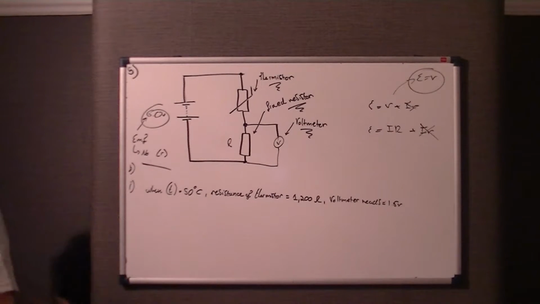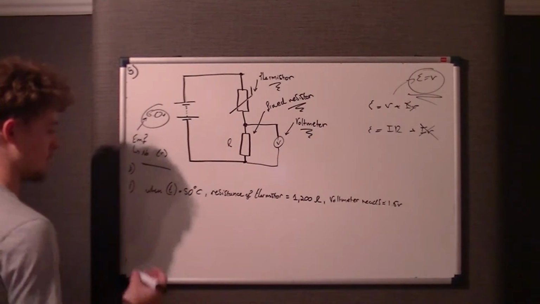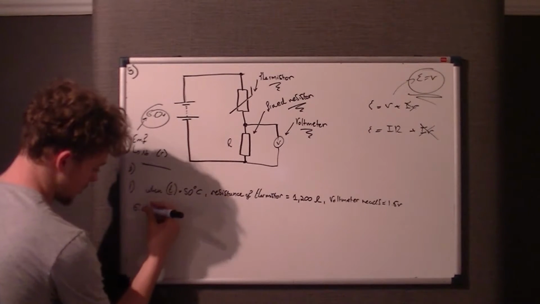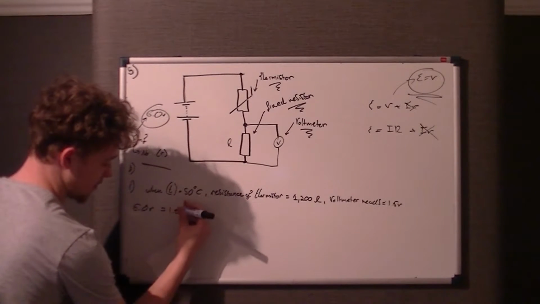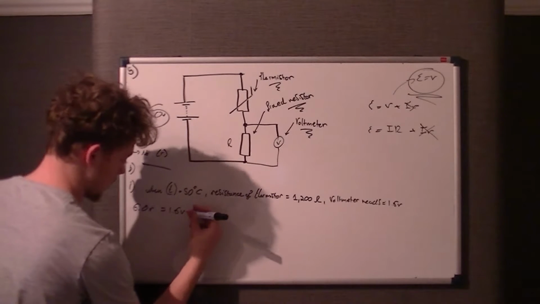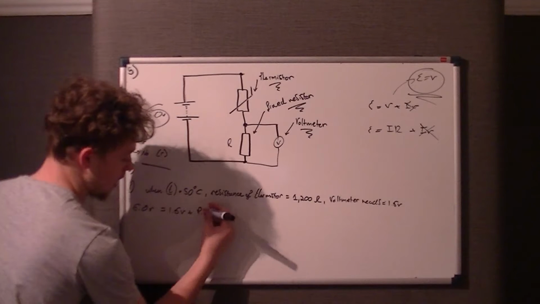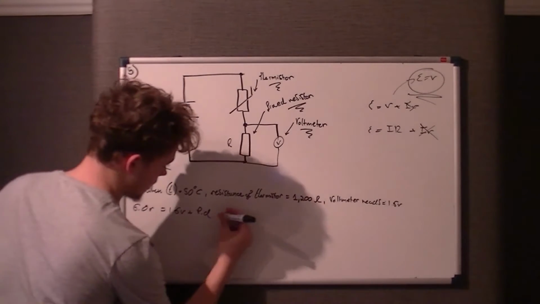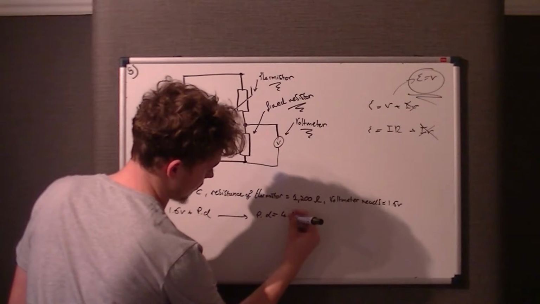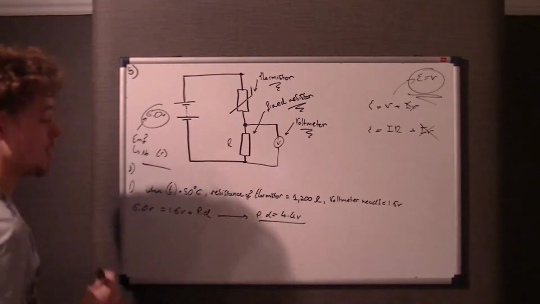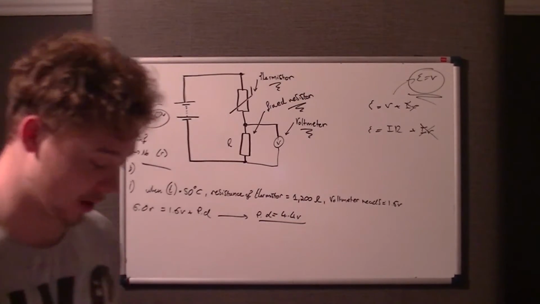We said it's 6 volts, and you can say that EMF is equal to potential difference because there's no internal resistance. So 6 volts total is equal to the 1.6 volts across the fixed resistor plus the PD of the thermistor. You just substitute and rearrange, and therefore the potential difference of the thermistor is 4.4 volts.